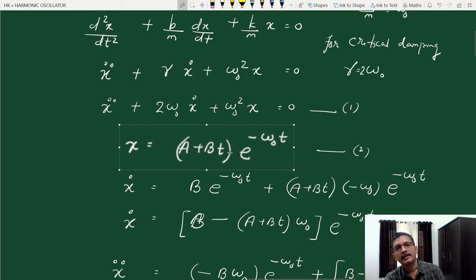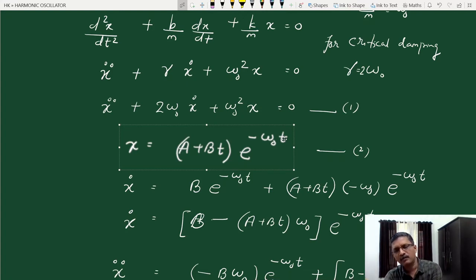So initially, for some very small time, the overall displacement increases linearly, but as time increases, the exponential part becomes more predominant and it starts decreasing. So there is a linear increase and then an exponential decrease.